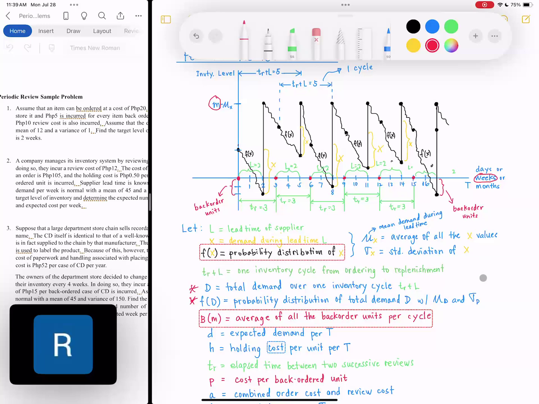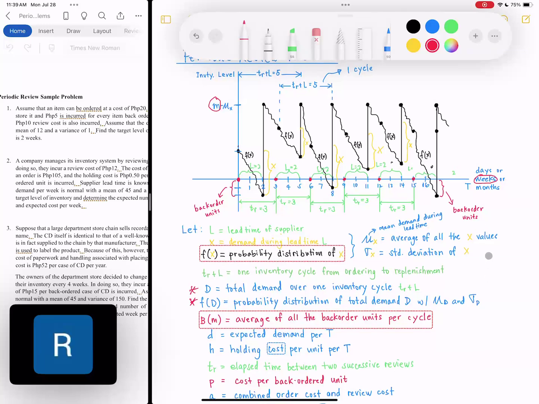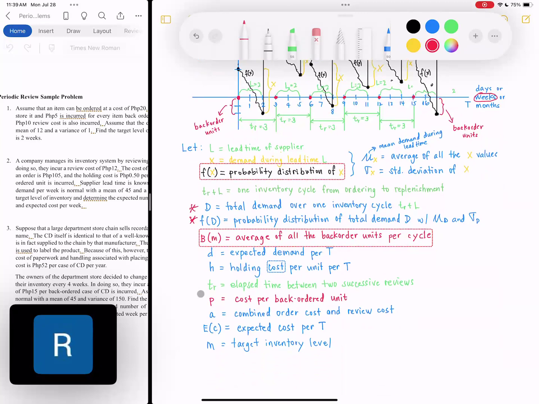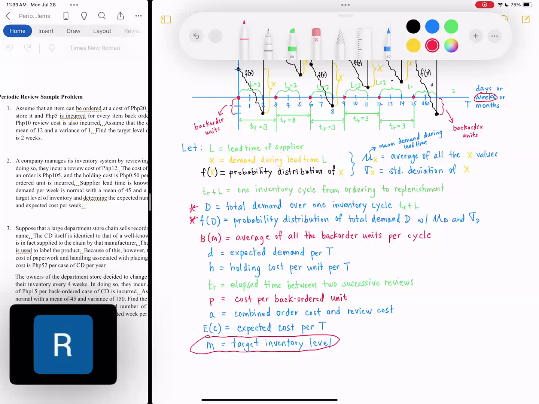These are the parameters and variables that you need to understand. What we are solving for in the periodic review problem is this one, the target inventory level.